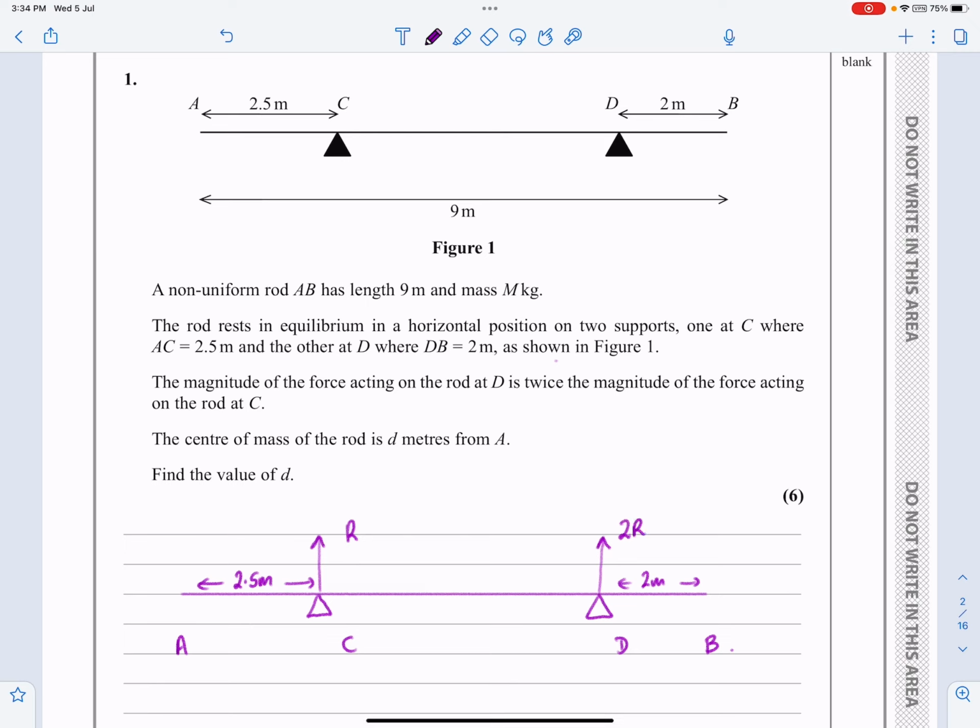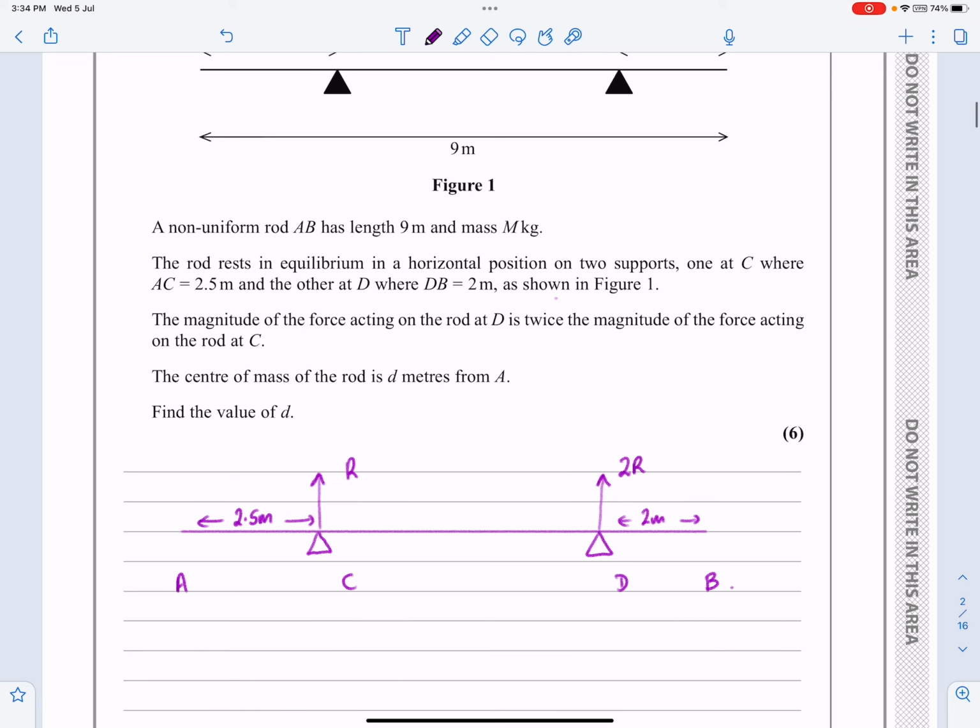It's one of their ways of getting rid of some variables out of the question. The other thing they say is that the center of mass is D meters from A. So now I can put my weight acting down here, mg, and this length here is going to be equal to D.